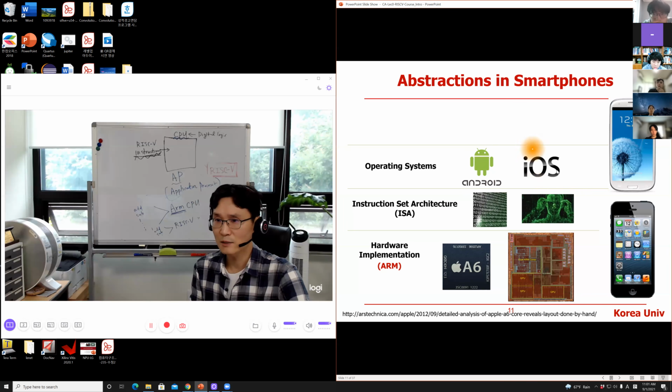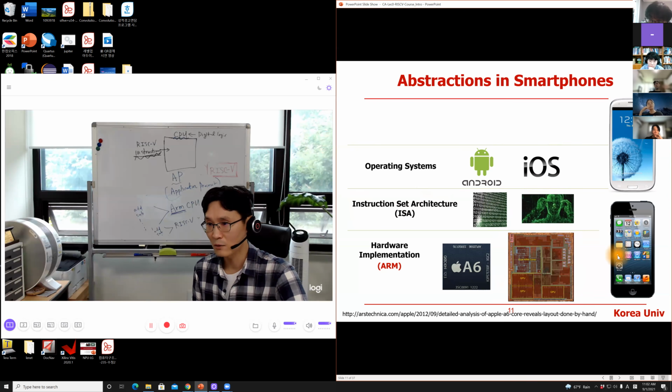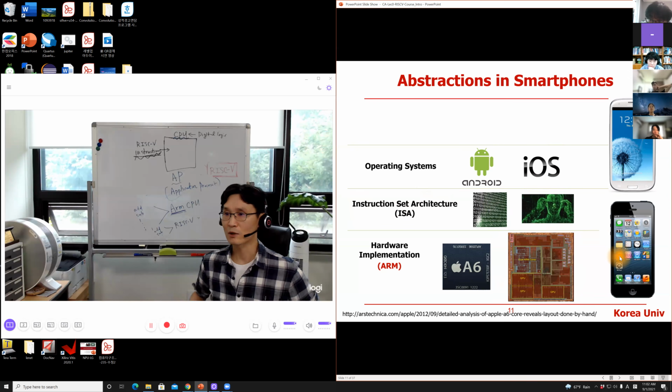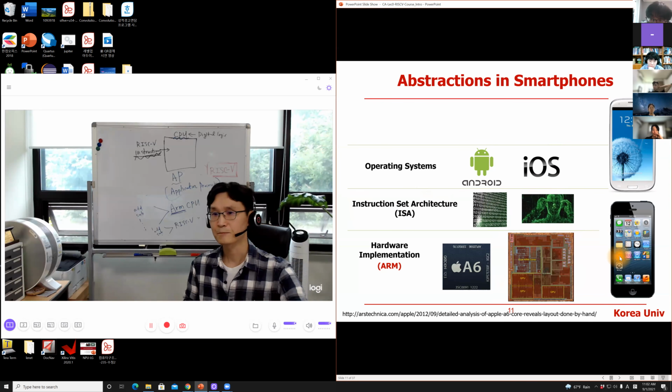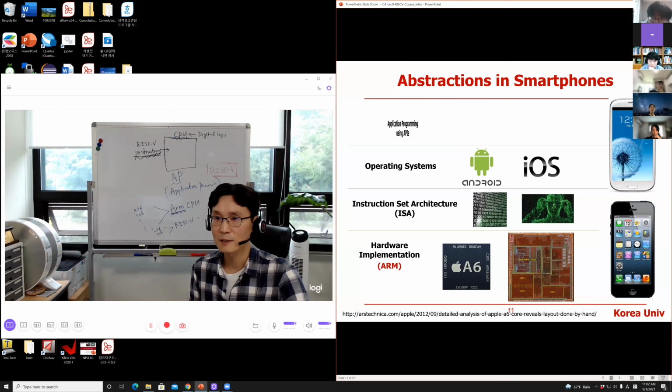What it says is, don't worry about this machine code, this instruction. Don't worry about this hardware detail, it's too complicated. Your job is to click on this icon, then do whatever you want to do. I'm going to take care of everything. Don't worry about this.